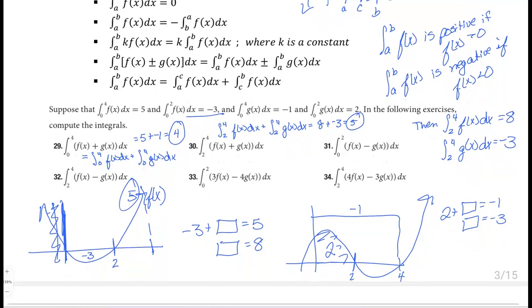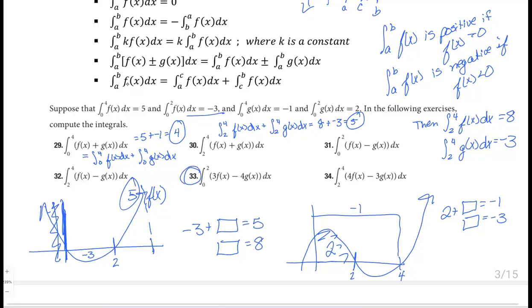Let's do one more of these. Let's look at this one. So we could think about splitting this up and then pulling that constant out for each of these. So this is equivalent to this. That's a 2. So 3 times the integral from 0 to 2 of f of x minus 4 times the integral from 0 to 2 of g of x.